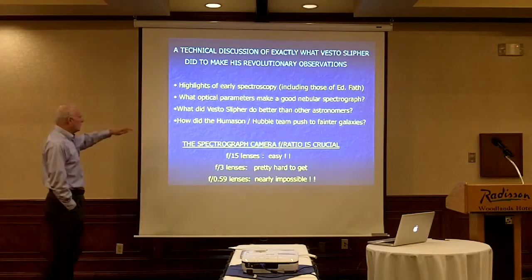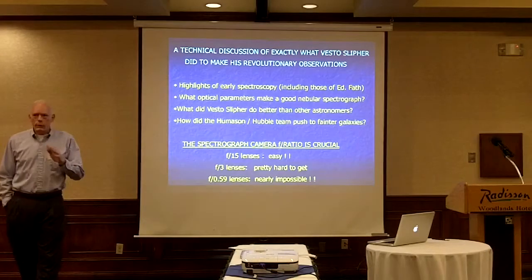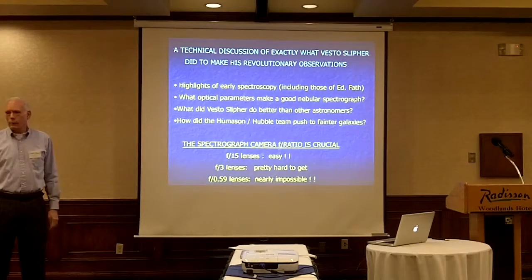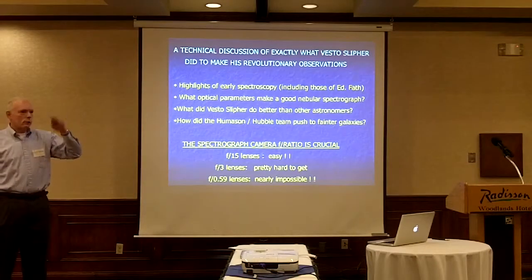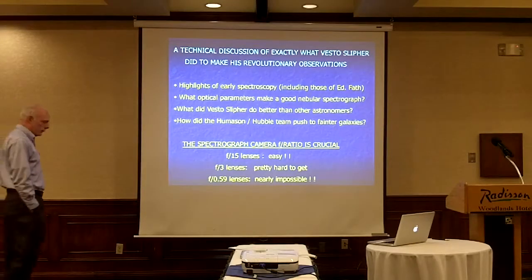And then almost key to the whole presentation is what did Vesto Slipher really do that allowed him to measure those Doppler shifts? What did he do better? And the list is a long one, putting him far above his competition.